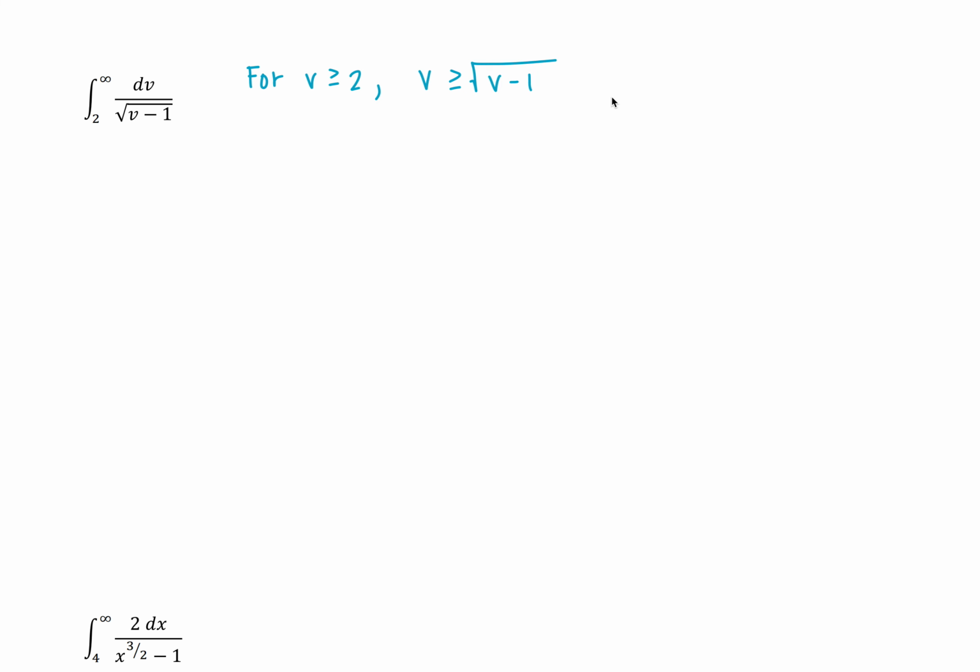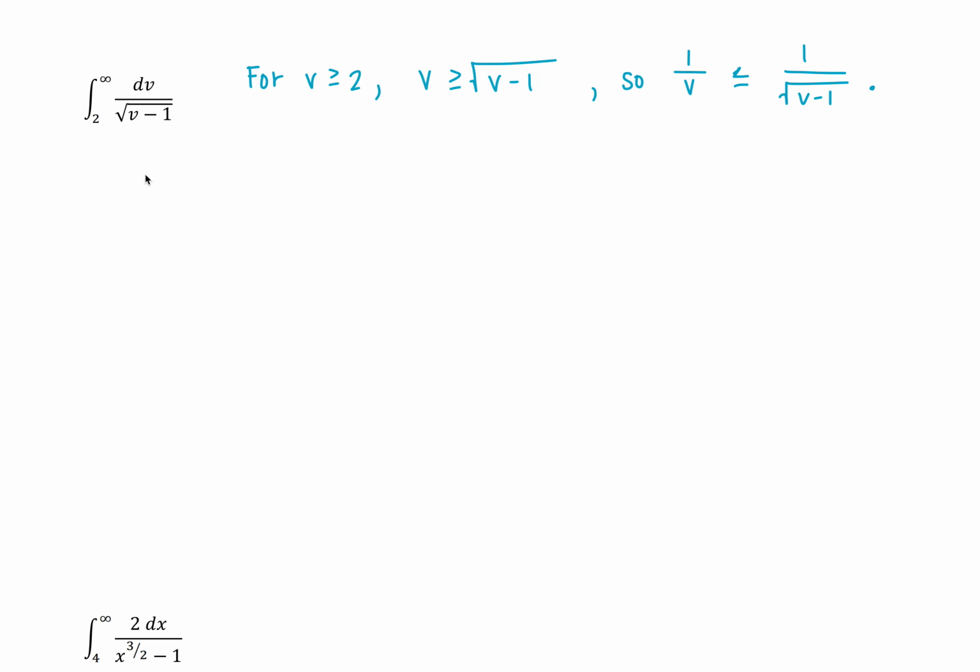Because this is true, we can say that 1 over v is going to be less than or equal to 1 over the square root of v minus 1. So I'm going to use the direct comparison test, and we're going to look at 1 over v compared to 1 over the square root of v minus 1.